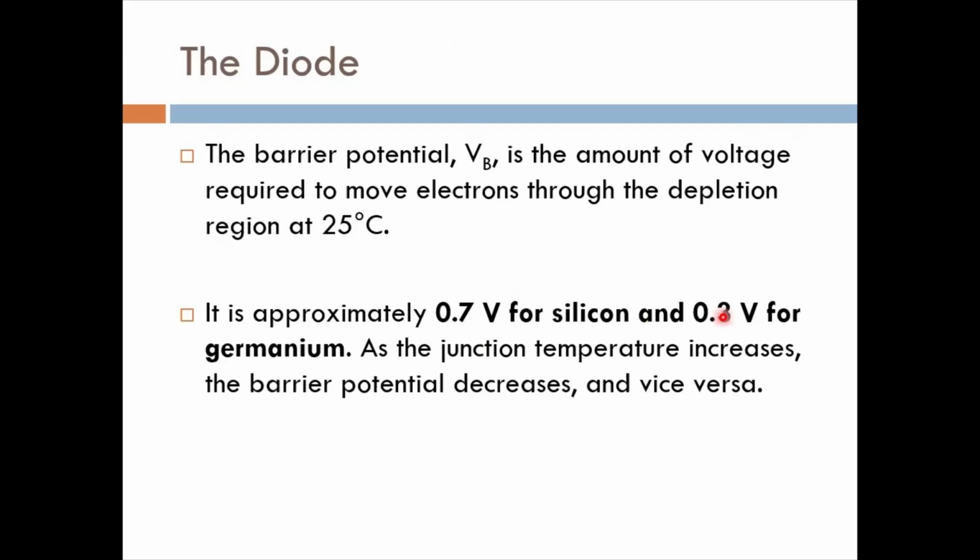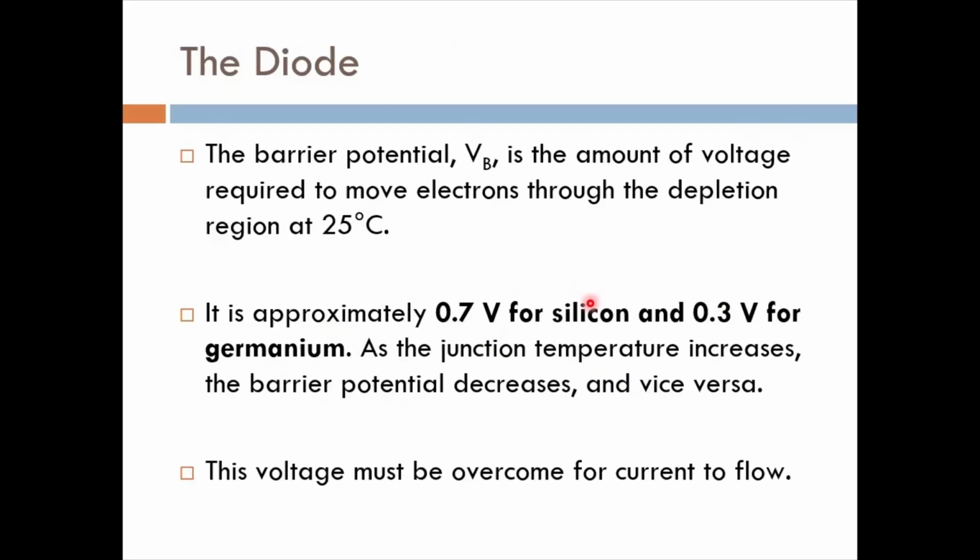Although it's less for germanium, we know silicon is still more used because of its thermal stability. As the junction temperature increases, this potential decreases and vice versa. So that's why silicon is more stable against higher temperatures and it's most widely used.